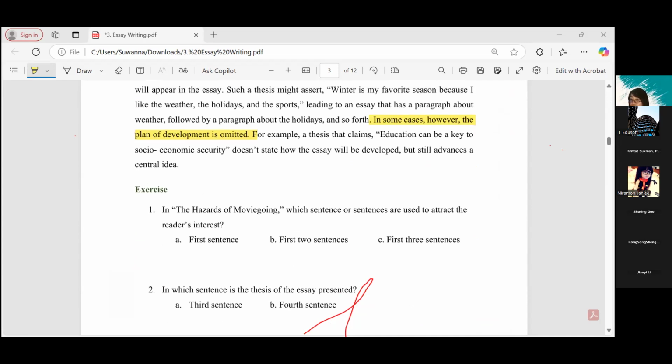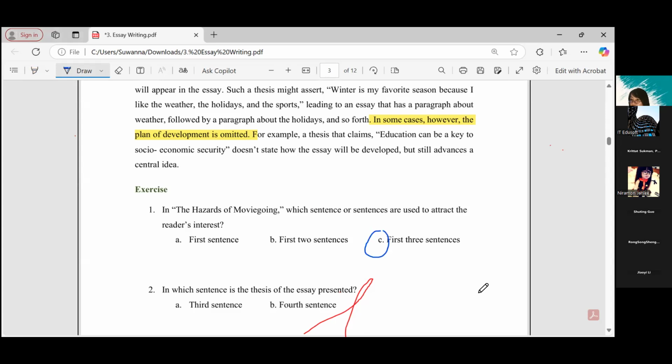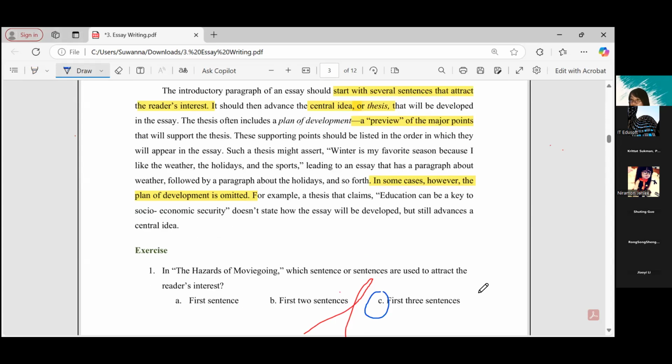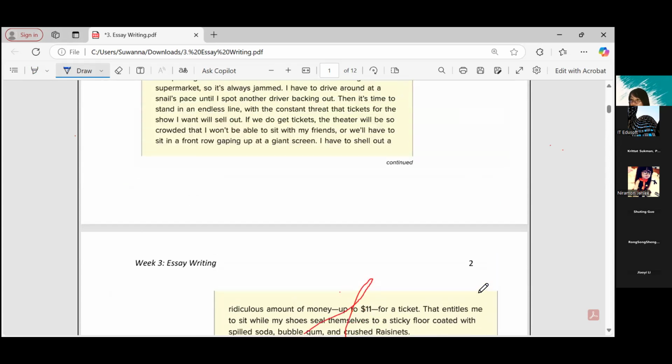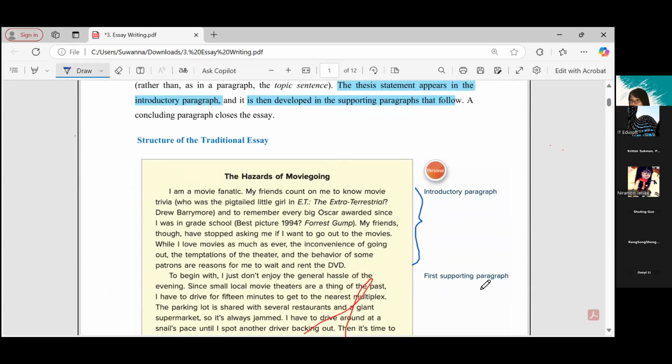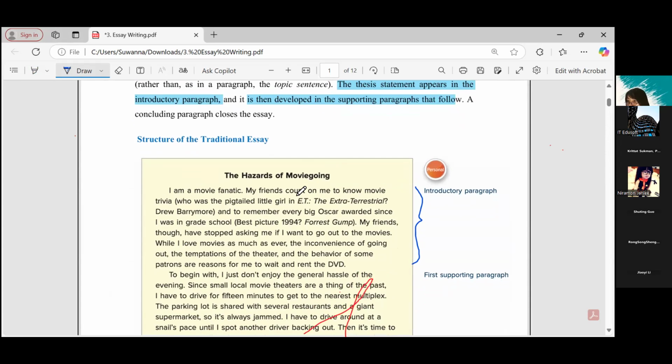Because obviously in this introductory paragraph, I would say the first three sentences are all readers' attention grabbers. Yeah, you see how the story develops, right? I am a movie fanatic, and the attention goes on to the next sentence.